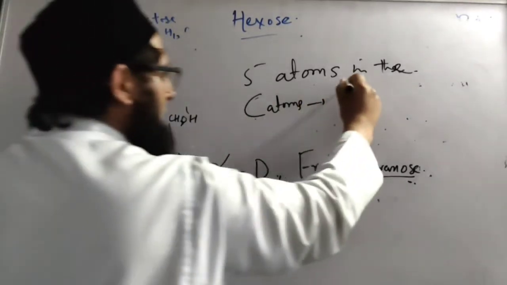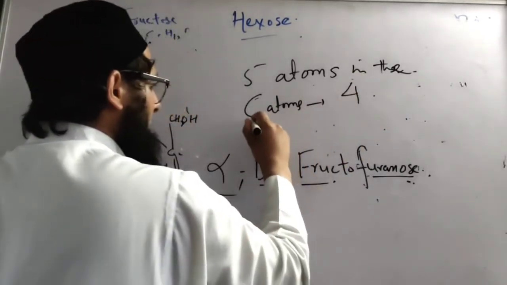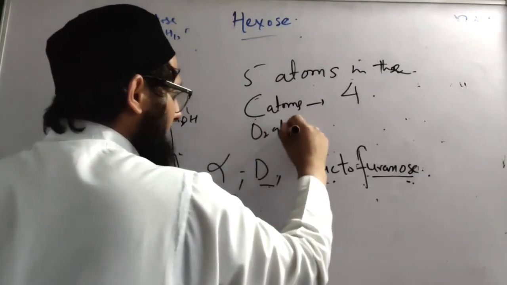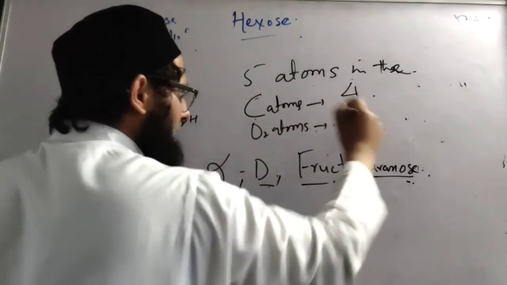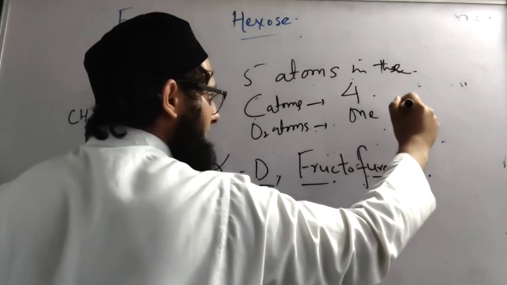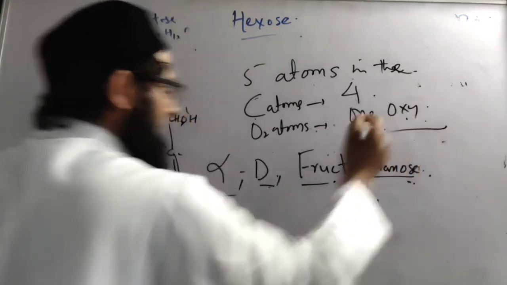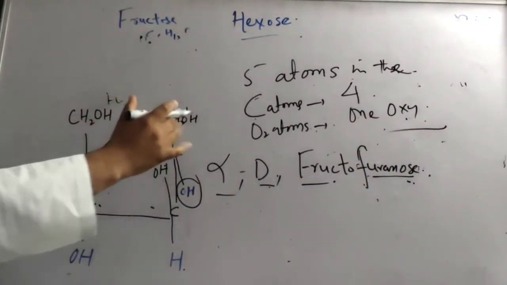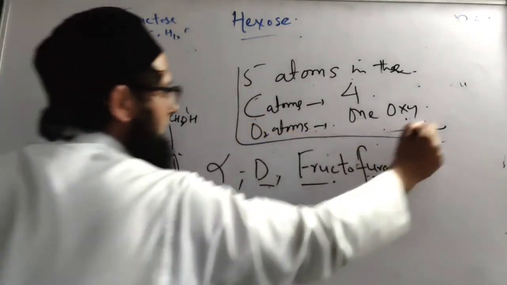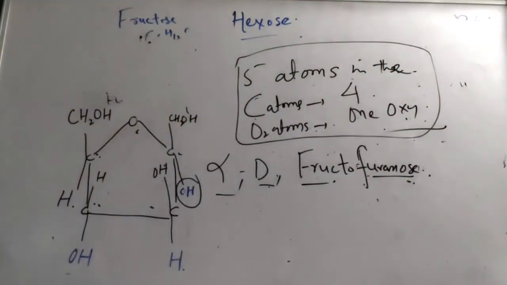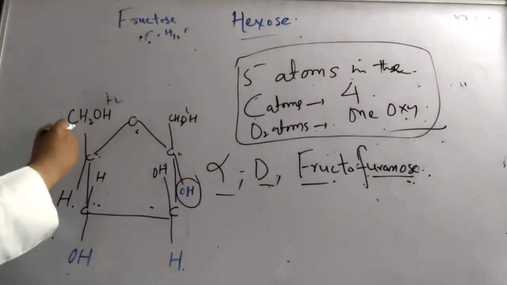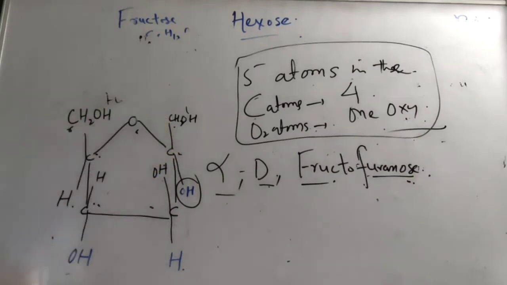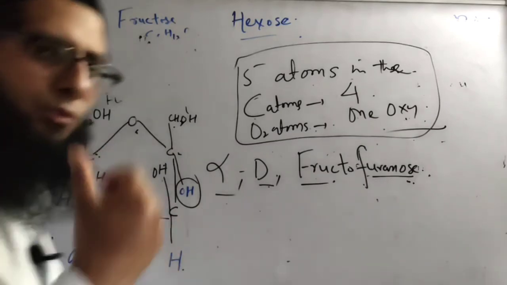Just 4 carbon atoms. How many oxygen atoms are there in the ring? Just 1 oxygen atom. This is the furanose ring. However, the CH2 at the 6th and the CH2 at the 1st are outside the ring. This is all about the ring structure of fructose, known as fructofuranose.